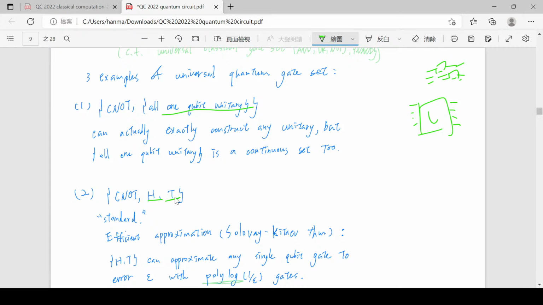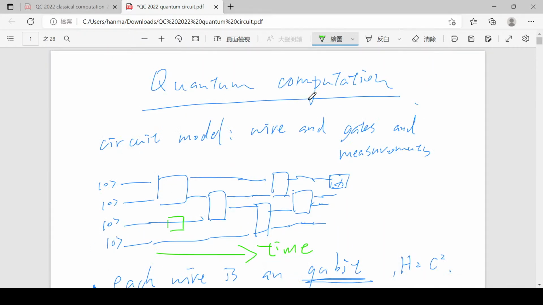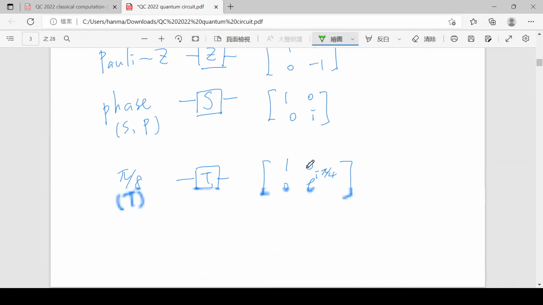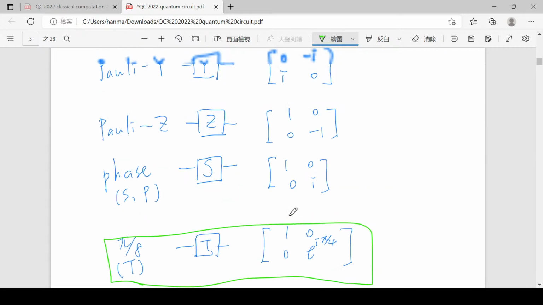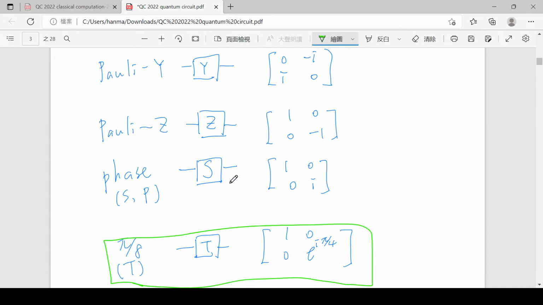And this is kind of why we talk about T-gate. So remember T-gate is this gate. Its importance is a little hard to say here. But let's say it's not possible to do the universal with just Hadamard and X gate.